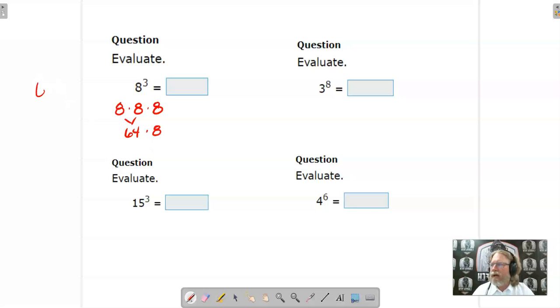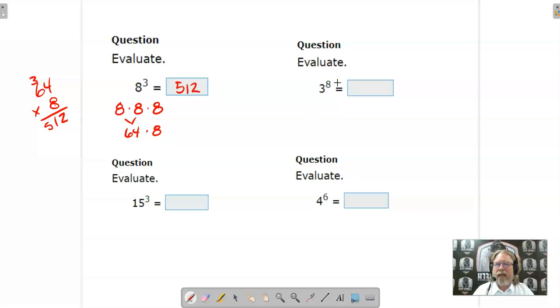Or I could just use the standard algorithm of 64 times 8. 8 times 4 is 32. Carry the 3. 8 times 6 is 48, plus 3 is 51. So I get 512.